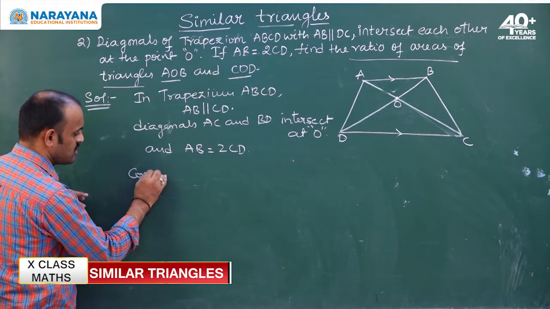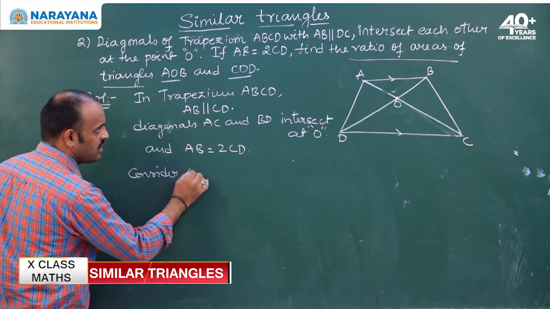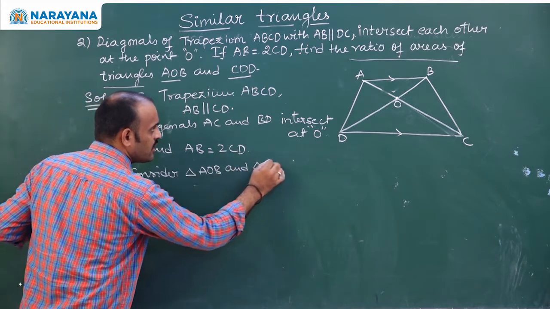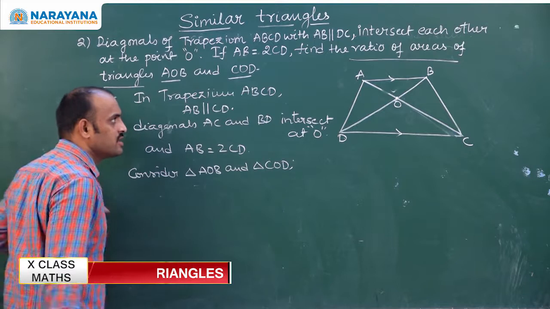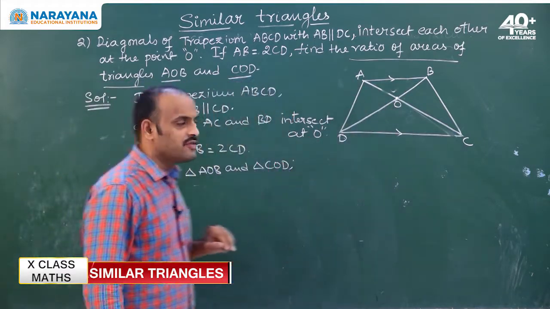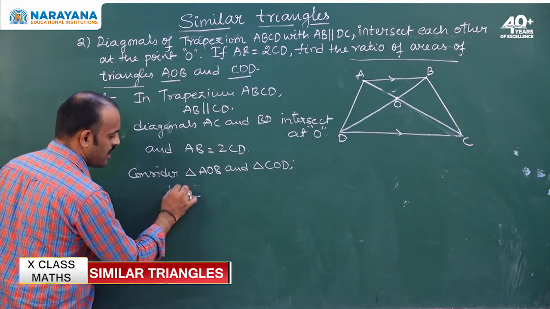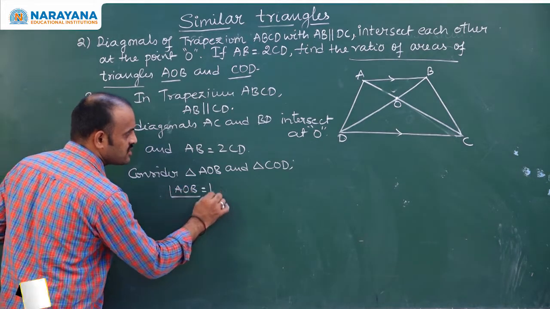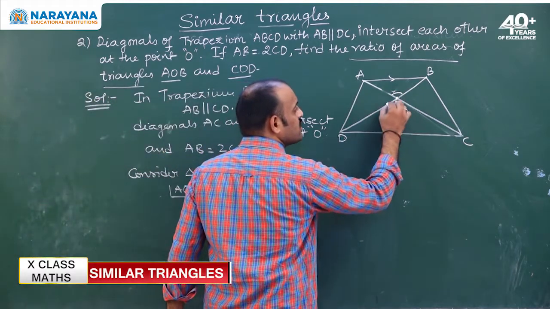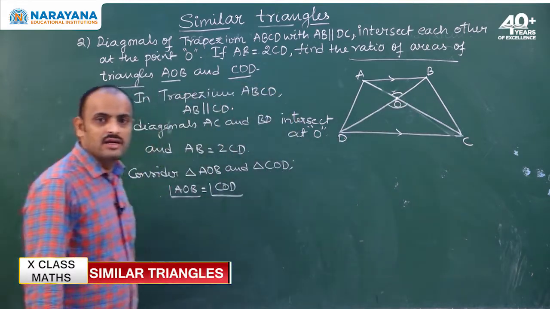Consider triangle AOB and triangle COD. Angle AOB is equal to angle COD.